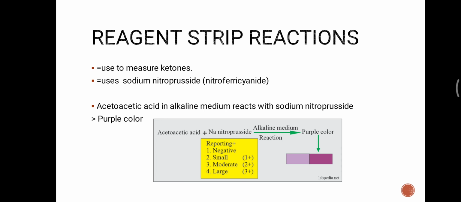So as you can see here, this is an example in the table kung paano nila tinitest ang ketones in the reagent strip reaction. So inasmuch as these compounds are derived from acetoacetic acid, their presence can be assumed and it is not necessary to perform individual tests.